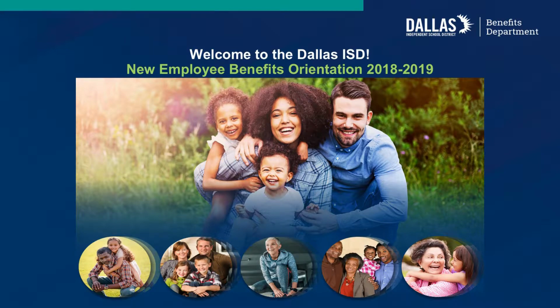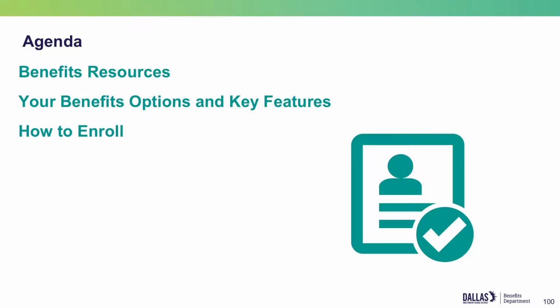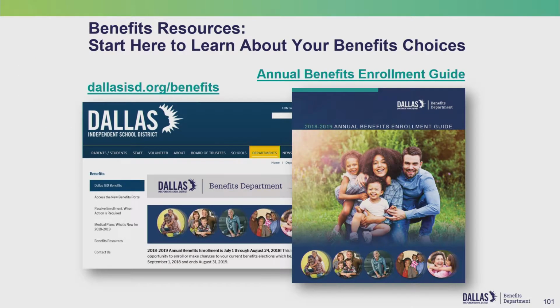So today we're going to talk about benefit resources, the benefit options that you have here in the district, key features of our benefits plan, and we're going to walk you through how to enroll in your benefit options. So the first thing I want to talk about is the benefit resource page. It gives you lots of information to allow you to make decisions about your benefits.